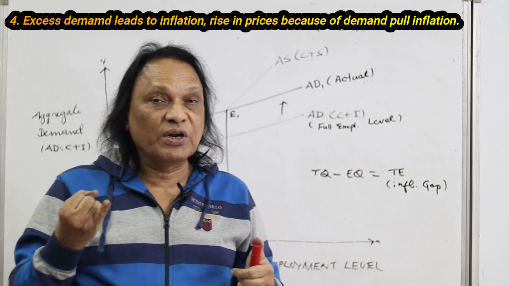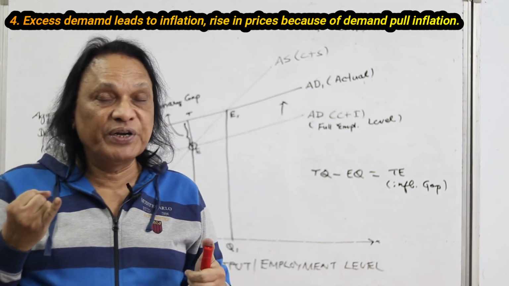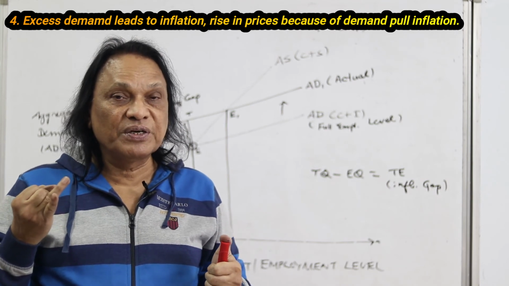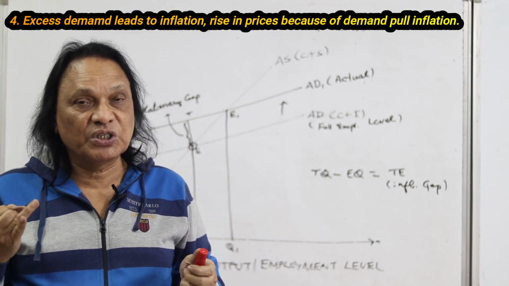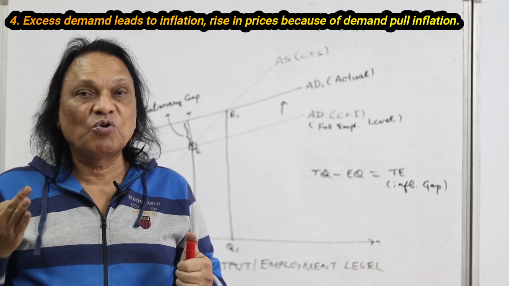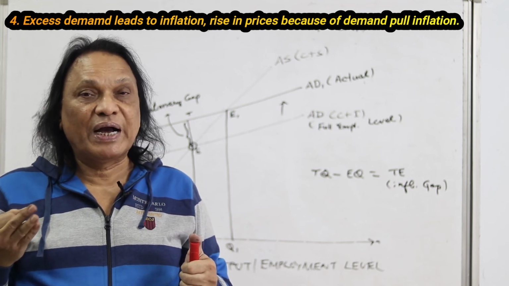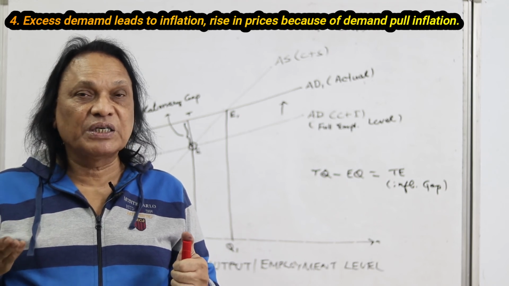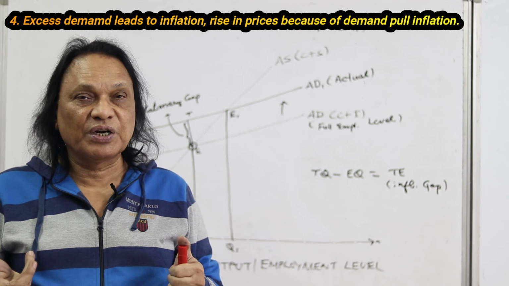Number one, output cannot be increased because all the resources have been fully and efficiently utilized. Number two, income cannot be increased because the maximum national income is achieved. Number three, employment level cannot go up because already all the people have been fully employed. And only one thing can happen, that is the prices of the commodities will go up. It leads to demand pull inflation in the economy.